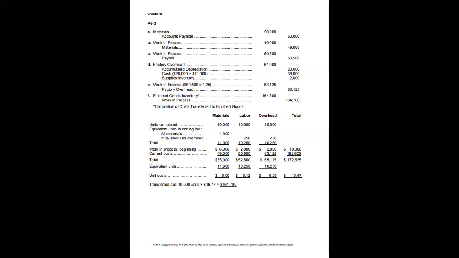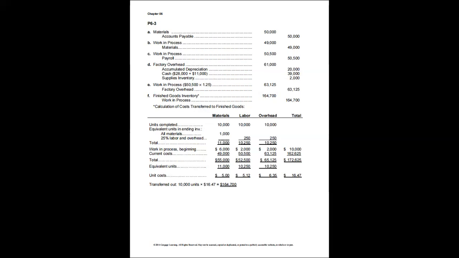Now we are given also the current cost of materials 49,000 and 3B, and then for labor and 3C, and factory overhead applied to production and 3E, for the total cost of 162,625. So what we added to factory overhead is the applied amount, not the actual.